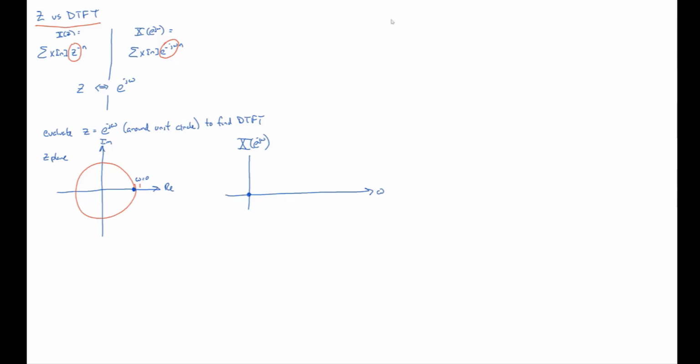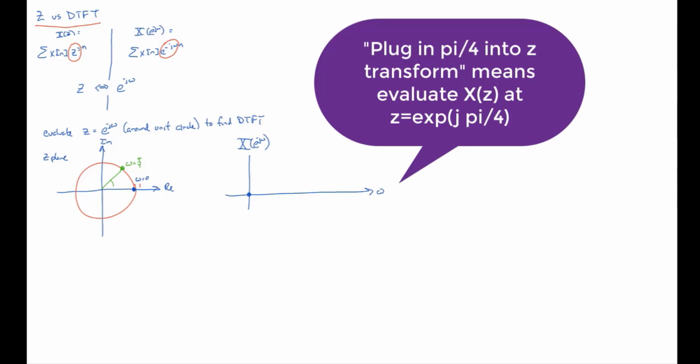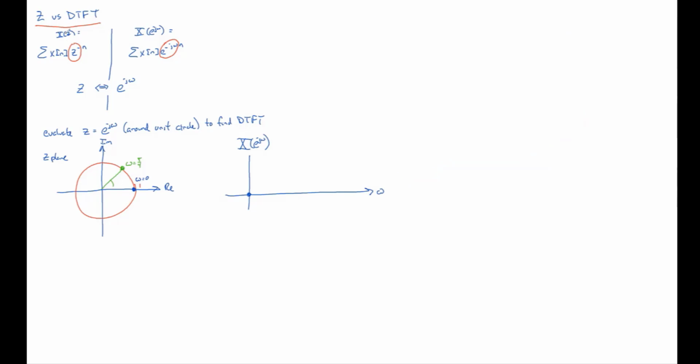And if you evaluate this Z transform over here at omega equals, let's see, this would be pi over 4 angles, you'll get a complex value. When you plug in that value of Z into your Z transform here, you'll get a complex number out, which will be your DTFT at omega equals pi over 4.